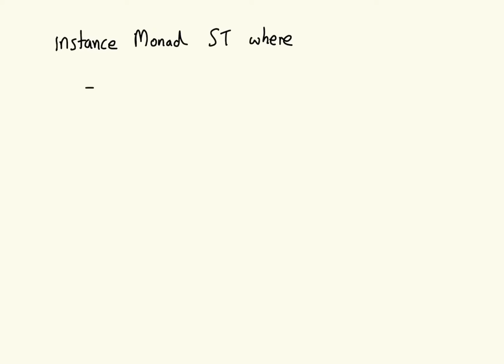First of all, I'm going to look at the return function. So return, in this case, has type A to ST of A. And then here's the definition which we constructed last day very carefully by looking at types. So what we did is we were returning the value x, which is of type A. And then what we need to do is build a state transformer.